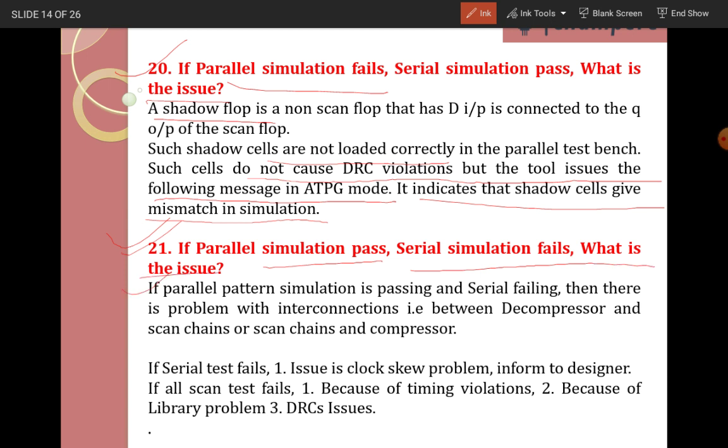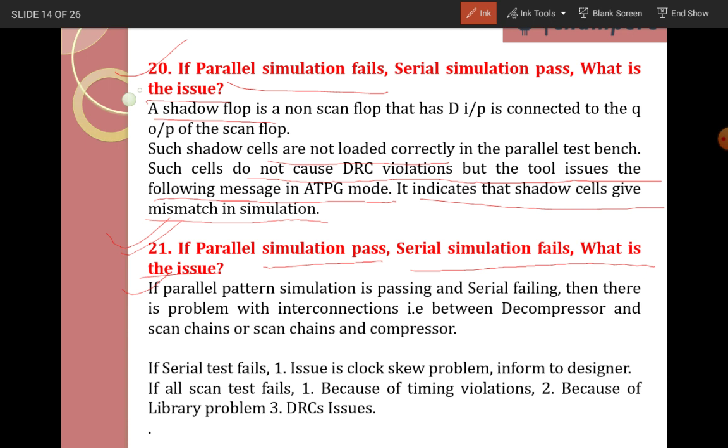If parallel simulation is passing and serial is failing, then there is a problem with the interconnection between the decompressor and scan chains, or between scan chains and the compressor. So there are connection mismatches or connection issues. If the serial test fails, one issue is a clock skew problem, where the clock is not coming properly.